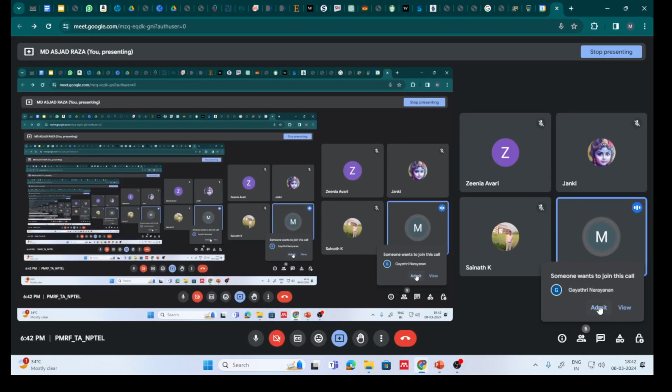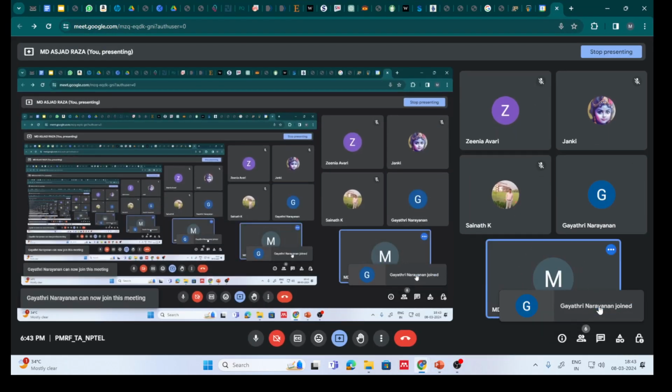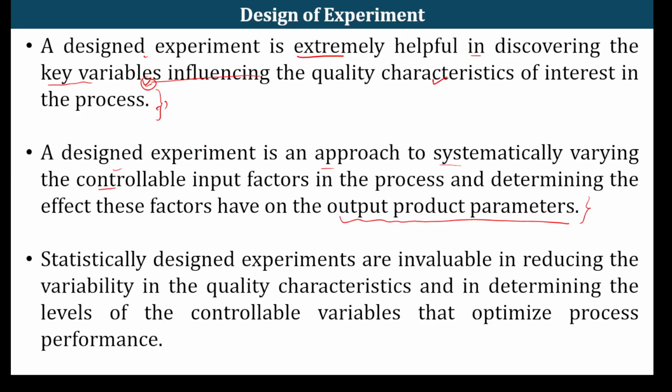Designed experiments are invaluable in reducing the variability in the quality characteristic, determining the levels of the controllable variables, and then optimizing the process. It's an optimization method.